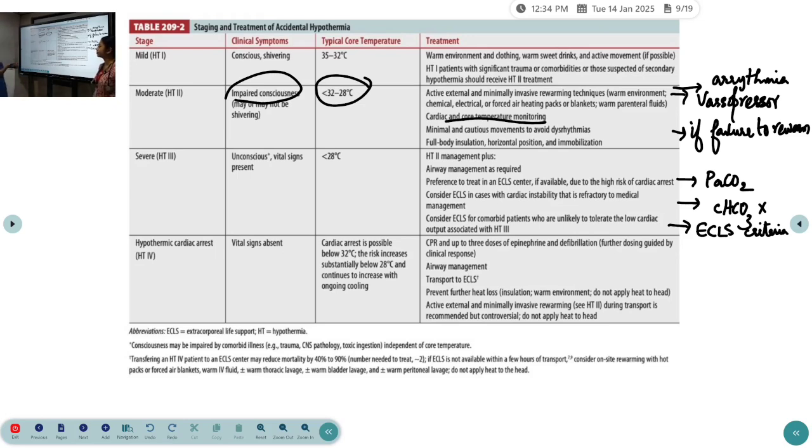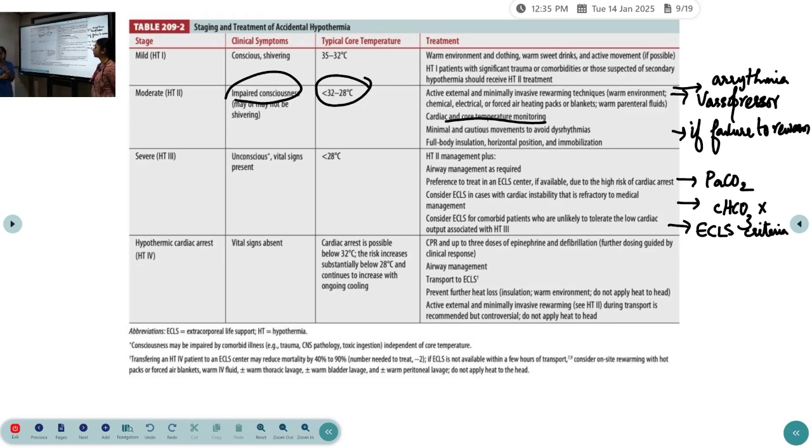Then coming to severe hypothermia, where the patient is unconscious but the vital signs are present and the temperature is less than 28 degrees Celsius. Here also all the previously told steps should be done. Along with that, we will be protecting the airway, and if the patient is intubated, then we have to maintain a PaCO2 of 40, or if we are not able to look at PaCO2, then normal range EtCO2 should be maintained.